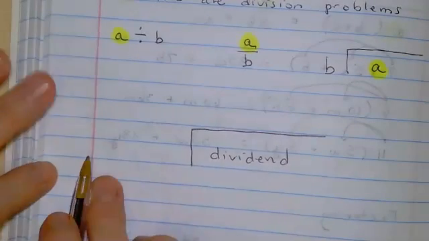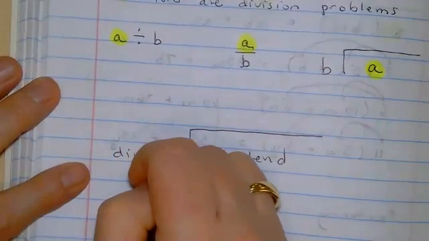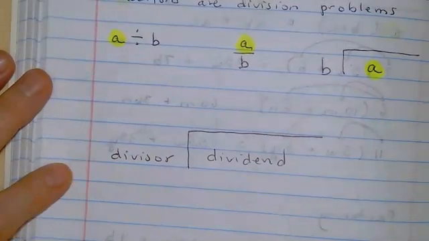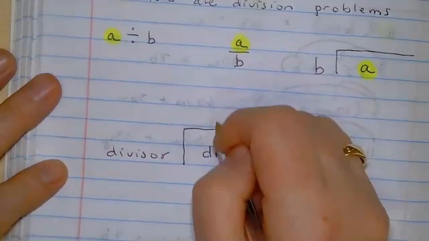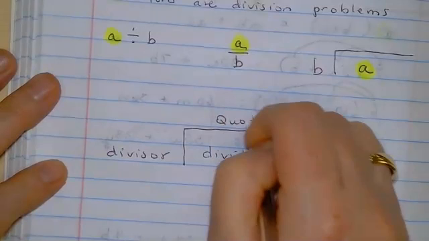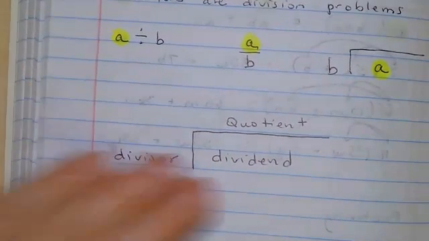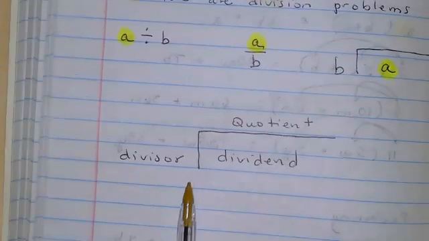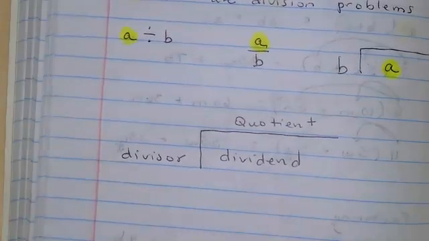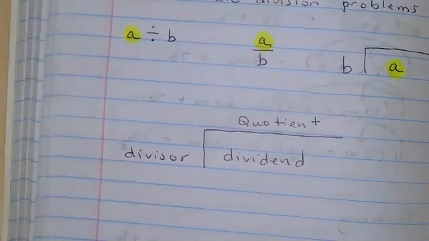The number on the outside, or the second number, is the divisor. And the answer to a division problem, which goes up here, is the quotient. Okay? So make sure you have those in your notes because this will be on the quiz. Like I'm going to give you a division bracket and I'm going to show you the 3 words and I'll say put them where they belong. Okay? So make sure you have that written down.